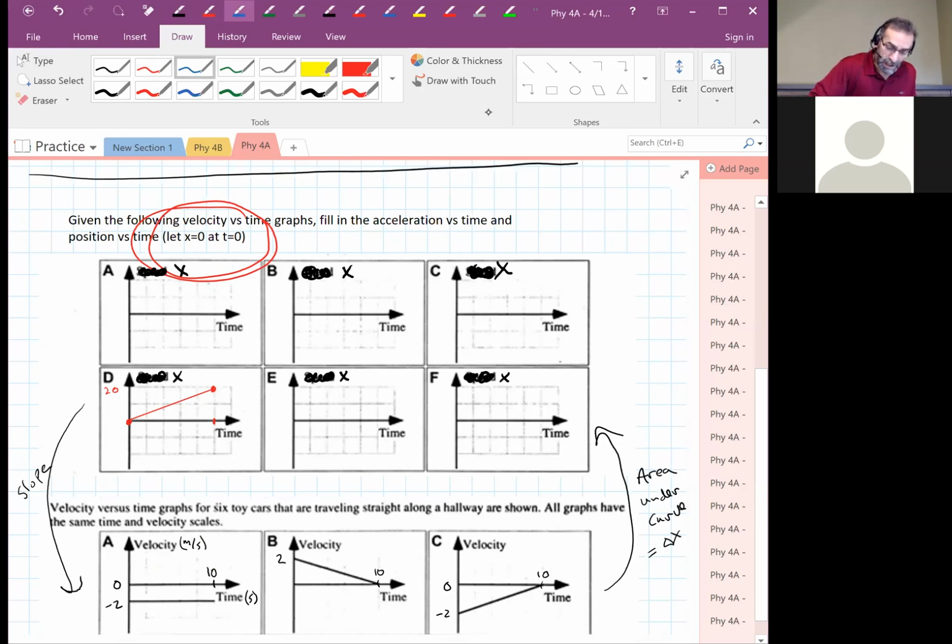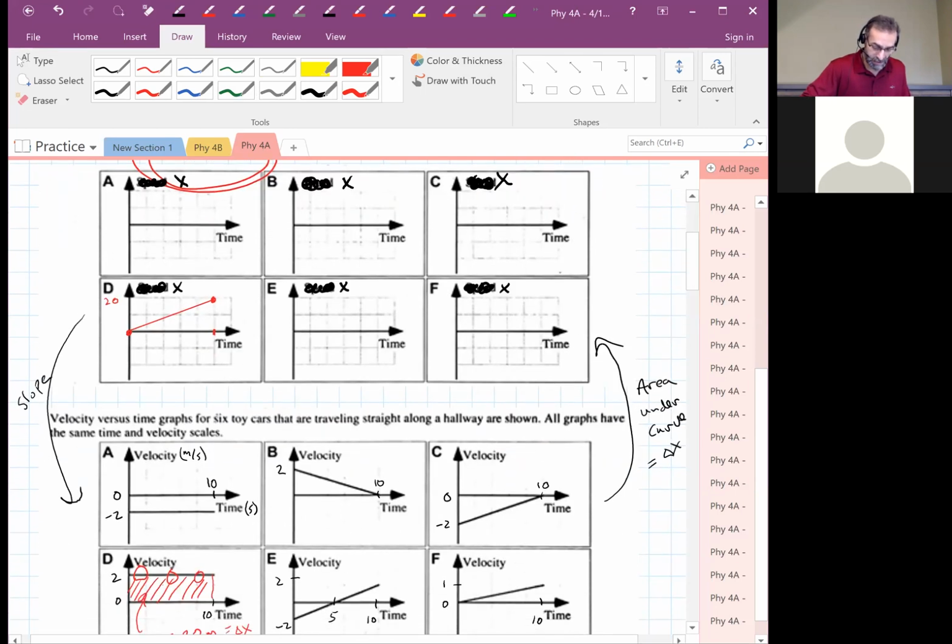Somebody else might have had this graph starting at -20 and ending up at 0. That would also work. Somebody else may have said theirs started at 20 and went up to 40. That would have worked too. As long as we all had the same slope, those would all be correct. But since we were told that at t equals 0 it was at the origin, now there's only one correct answer, and this is it.